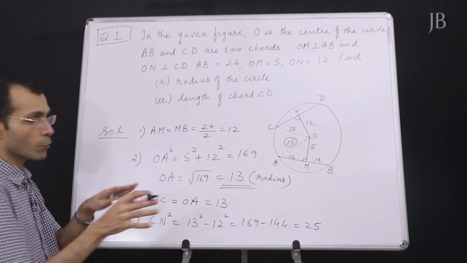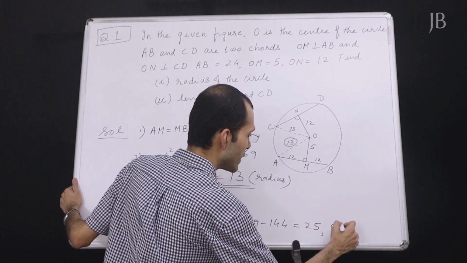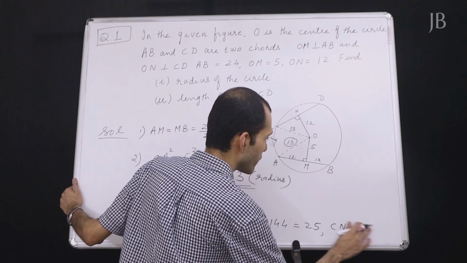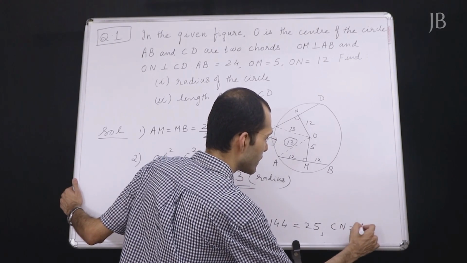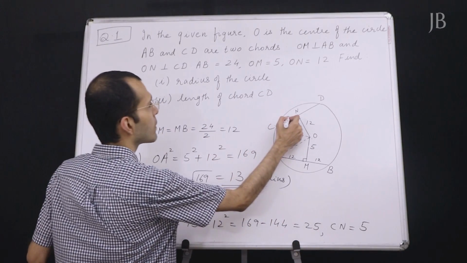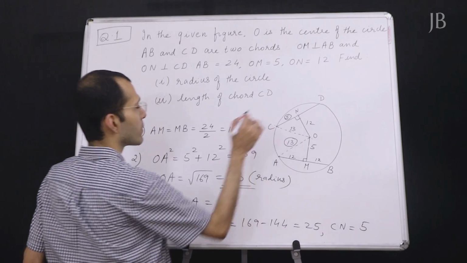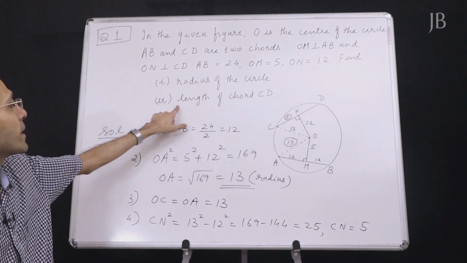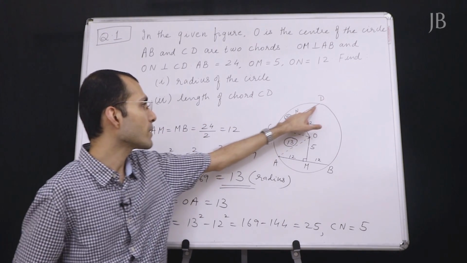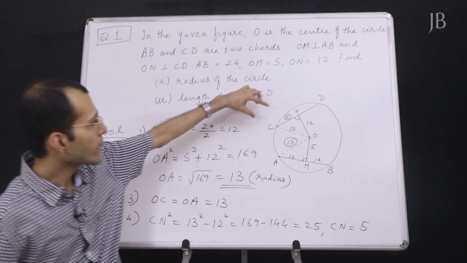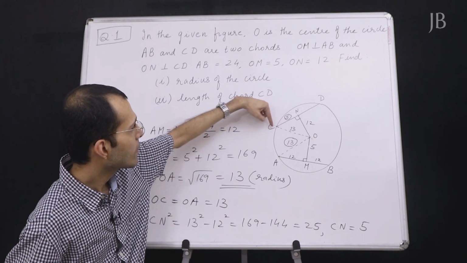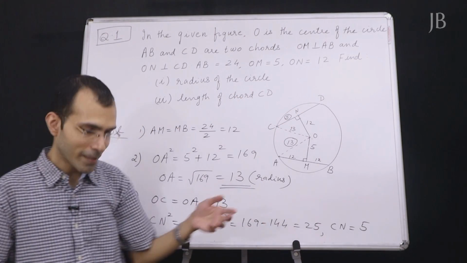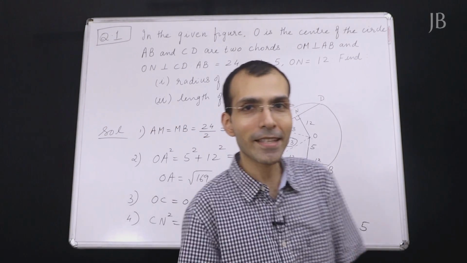That is CN square. So CN will be square root of 25, that is 5. So CN is now 5. But the problem is not yet over. We need length of chord CD. So now if CN is 5, CD will be naturally double of it, that is 10.